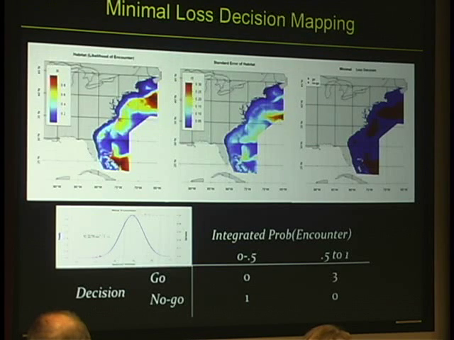So the idea here is that you've got habitat likelihood of encounter on the left, and you've got the standard error of that map. If you assign a weight of the risk loss of operating in an area that has a potential impact and actually encountering that animal, that might be a high loss of 3, but not encountering, a low loss. But not operating also has a loss. So you map that out, and then you get this loss decision, this idea that, given our framework, here's what I would or wouldn't do.